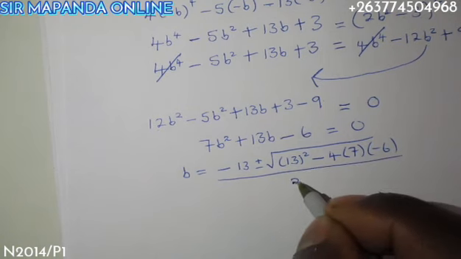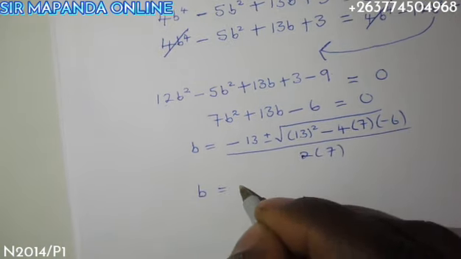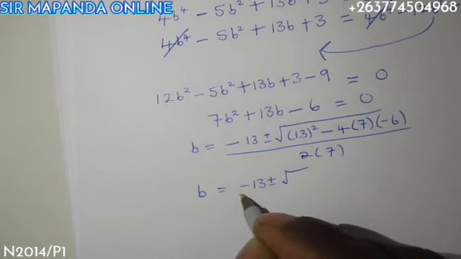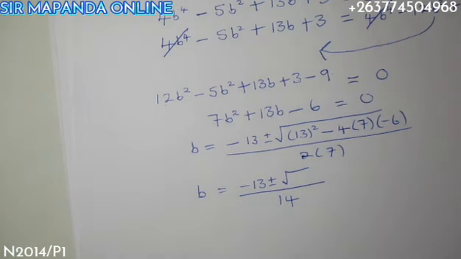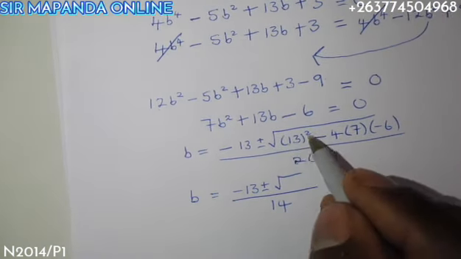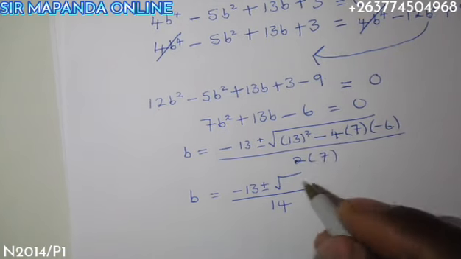Then you divide by 2a, where 2a is 2 times 7, below you get 14.